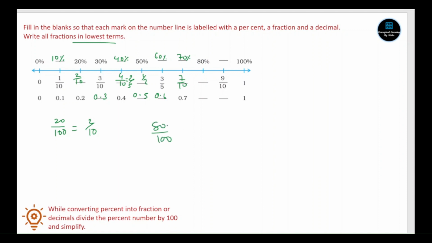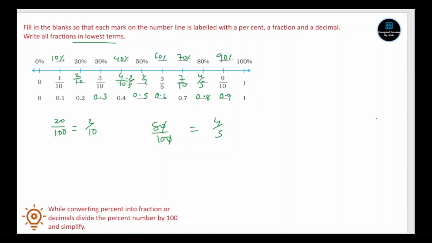So you can write it in the simplest form how? Yes, divide by 2. So what you will get? 4 upon 5. So you can write this as 4 upon 5 and this as 0.8, 90%. And you can write this as 0.9 and this is 100%, 1, right?